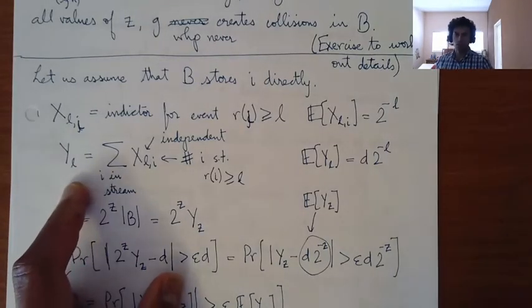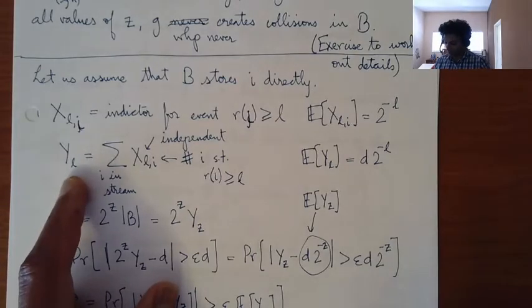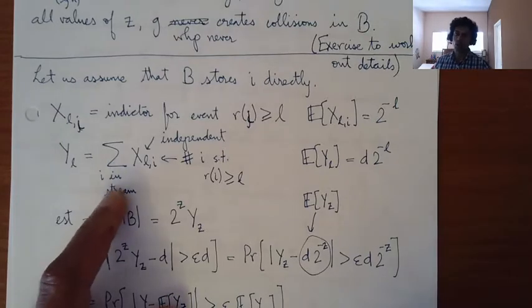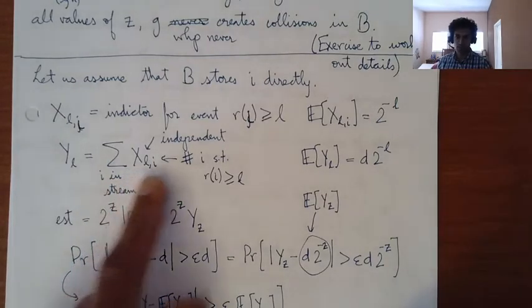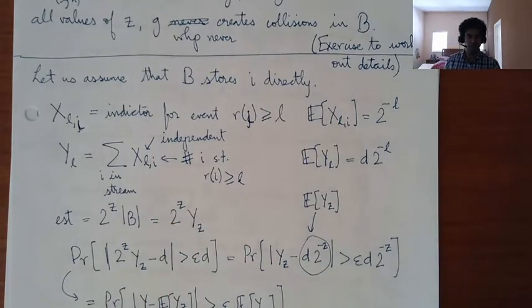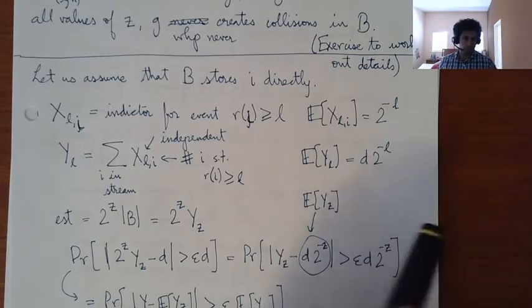Let's look at Y_{L,I}. So what is Y_L? Y_L is the number of elements I in the stream, so the number of elements seen such that R of I is greater than L. So technically this is the size of the bucket. This is what the bucket is storing. And so the expectation of Y_L is D times 2 to the minus L, right?